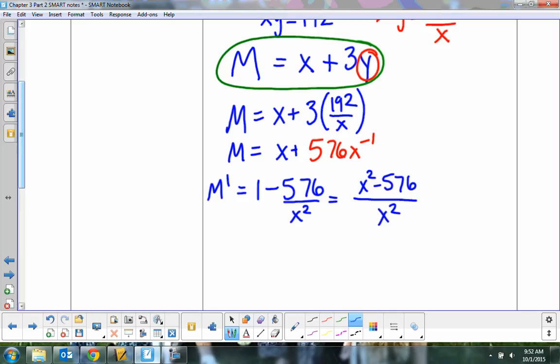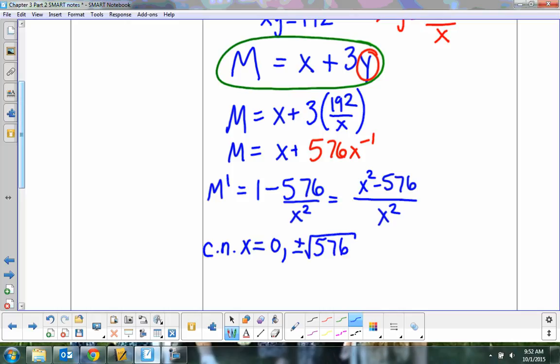So what are my critical numbers? 0 from the denominator, where m prime is undefined, plus or minus the square root of 576.